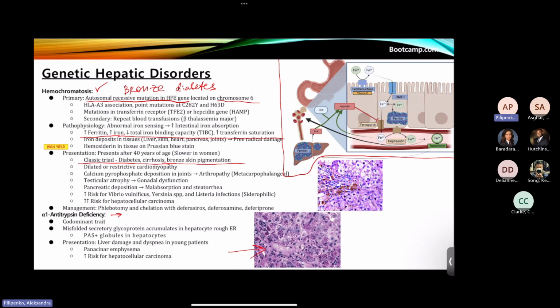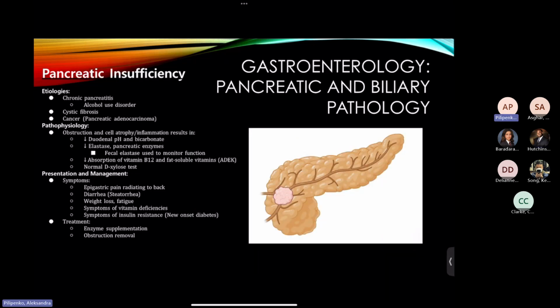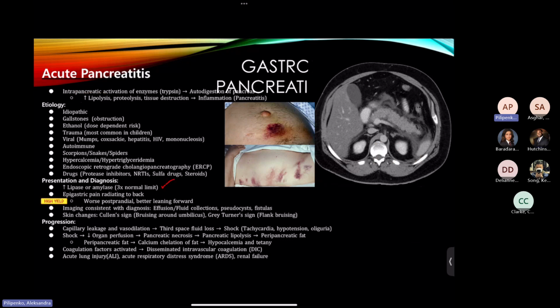In Med3, you will not be focusing on diabetes, but only diseases of the exocrine pancreas, right? So we have acute pancreatitis, right? You will need to know basically your blood work, right?